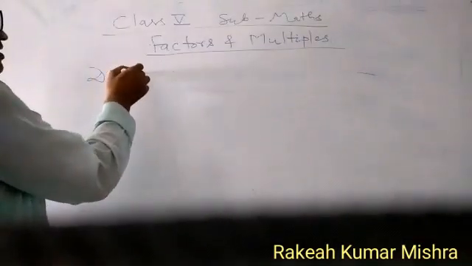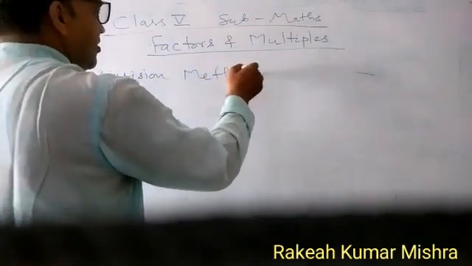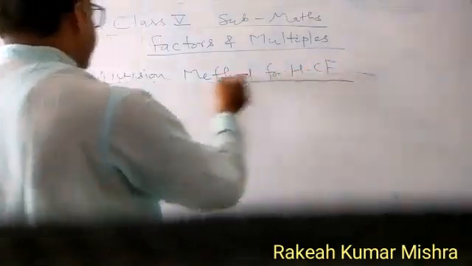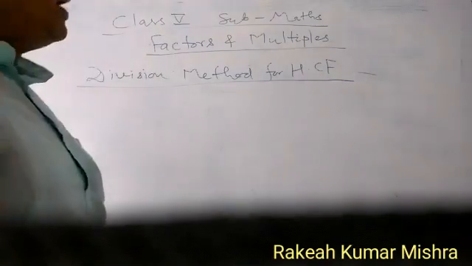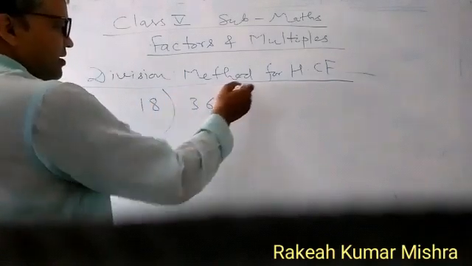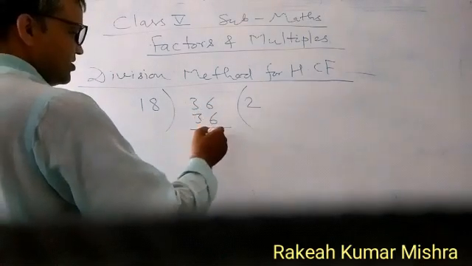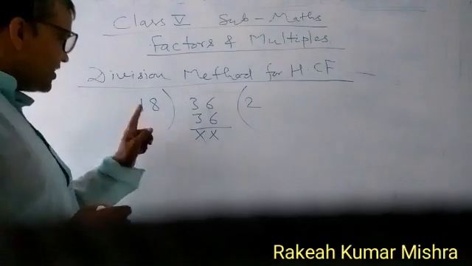Suppose we have to find HCF of 18 and 36. 18 twos are 36. Nothing is left here, no remainder.